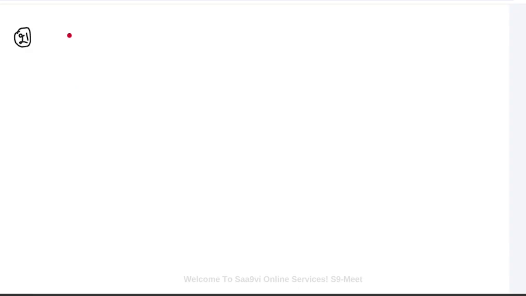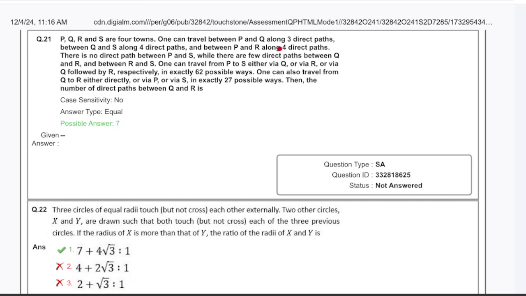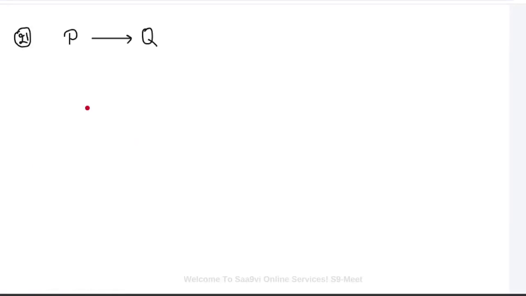So from P to Q we have 3 direct paths, from Q to S we have 4, and between P and R we have 4 direct paths. Let's write the towns first: P, Q, R, and S.